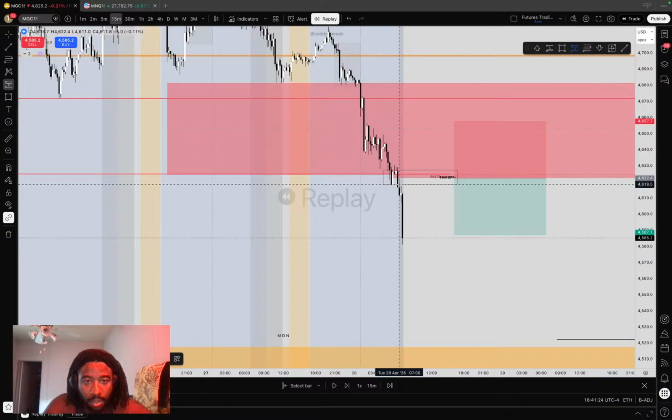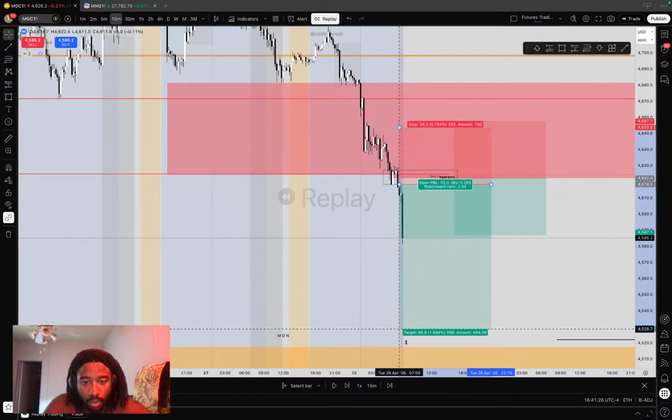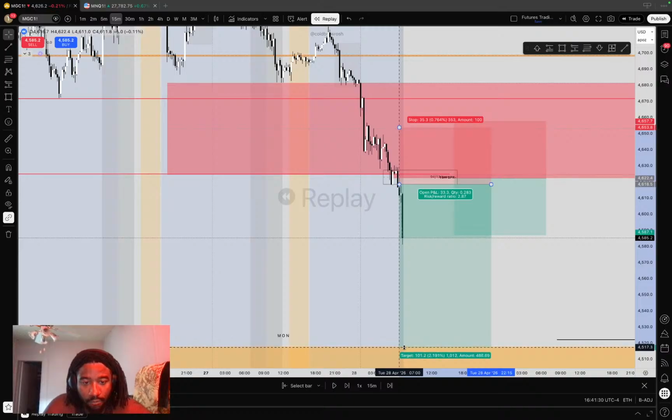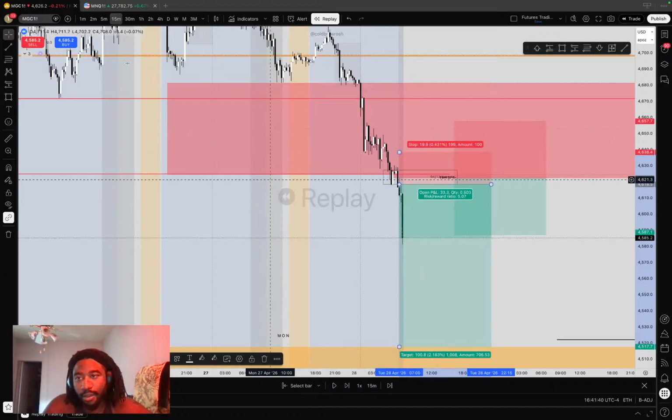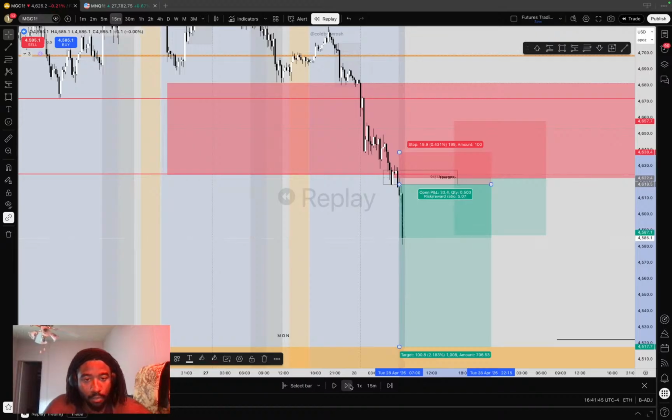Okay, that's a PD array that I can use. I want to see price go all the way down to our next area, which for me would have been the 3/30, or the March 30th new week opening gap. So I would have labeled that there, and boom, I would have been expecting a 5-to-1 trade. But again, we are in a consolidation market. So yeah, you would have been able to get some good.